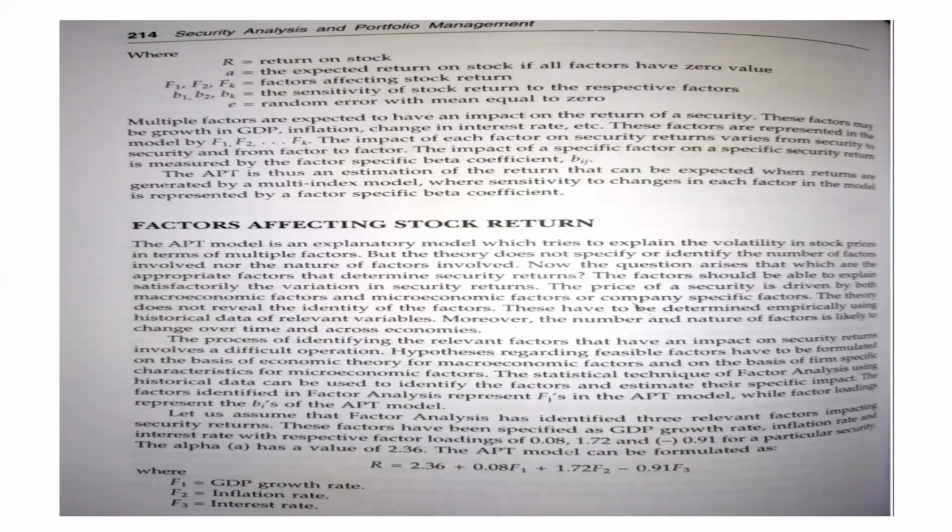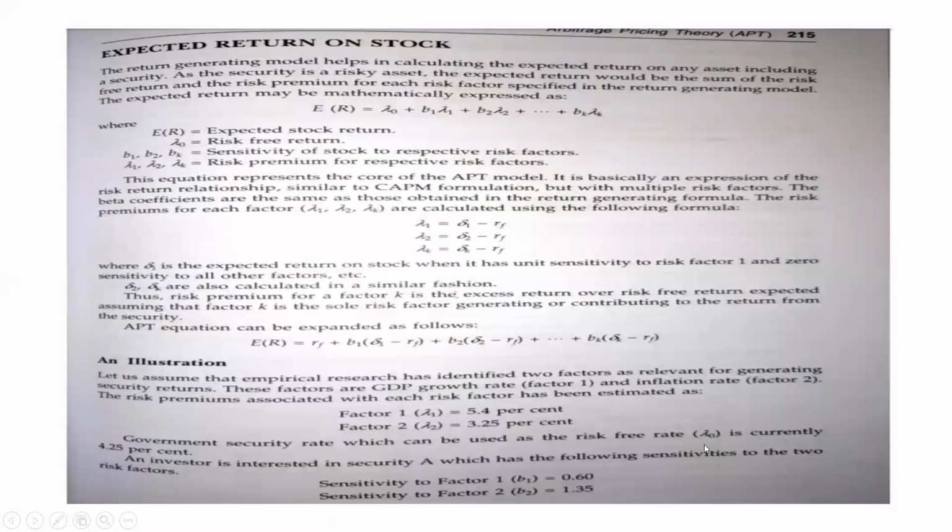So here they have given the values and they have shown it as per the formula given above, the alpha value plus the sensitivity, which is given as the factor loading here, 0.08 into the first factor, the second factor loading into the second factor, and the third factor loading into the third factor. Here a minus symbol has been given because it is negative 0.91. Now how do we calculate the expected return on the stock?